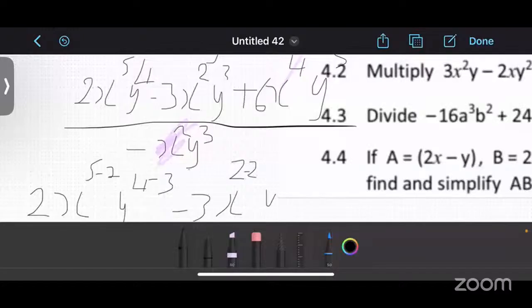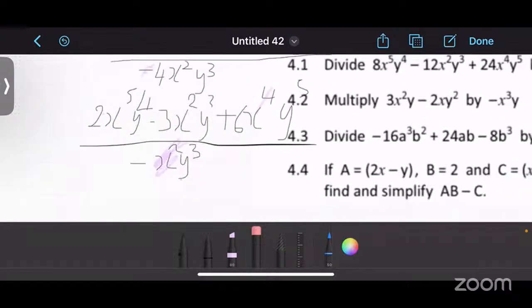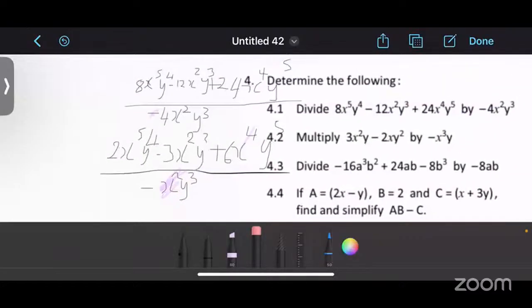Oh wait, ma'am, I saw my mistake. I see I can simplify it. I see the 2 and 6 have the same x to the power 5, y to the power 4, so what I can do is add those two together.